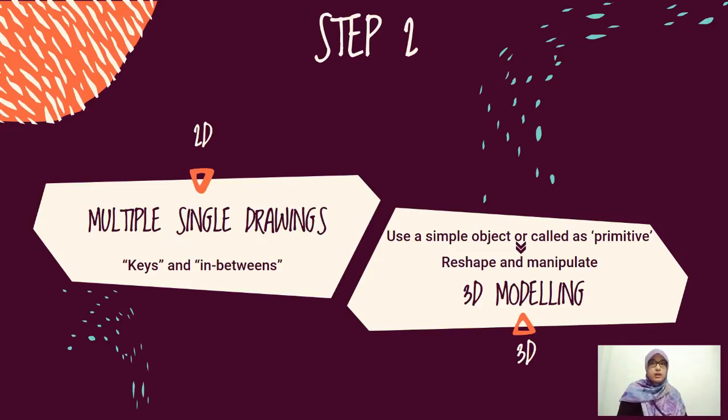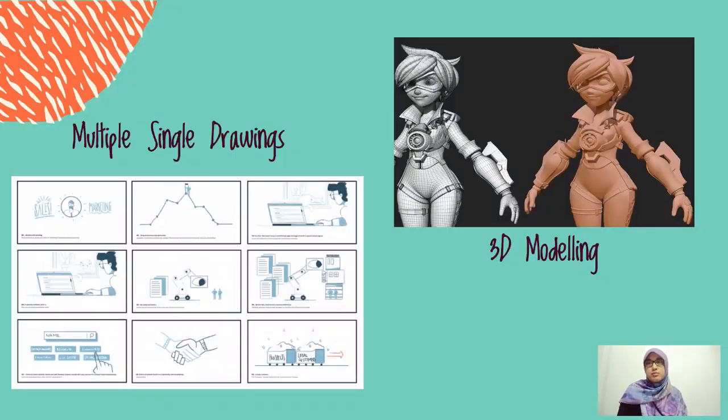Then they are reshaped and manipulated by a 3D animation software program to build the character that we want. So this is an example of multiple single drawings for 2D and 3D modeling for the 3D animation process for step 2.